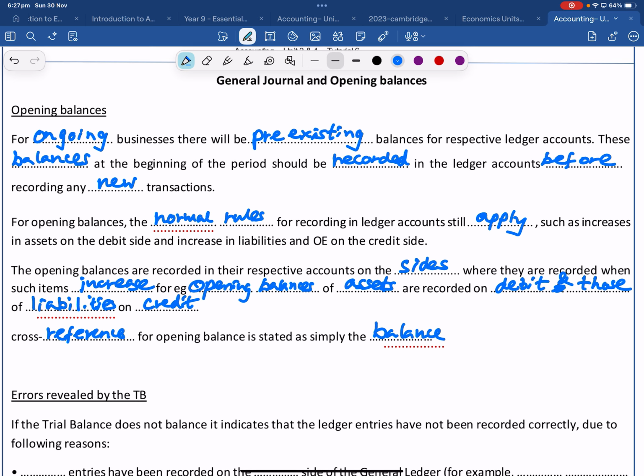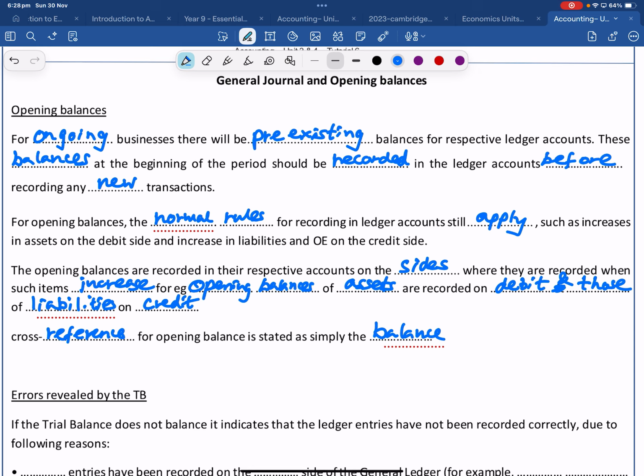So what is happening? If we have an opening balance, which side do we record it on? Whichever side those items increase. We will treat them as the particular item increases. If it is bank, with an opening balance, usually, unless stated otherwise, it is debit.